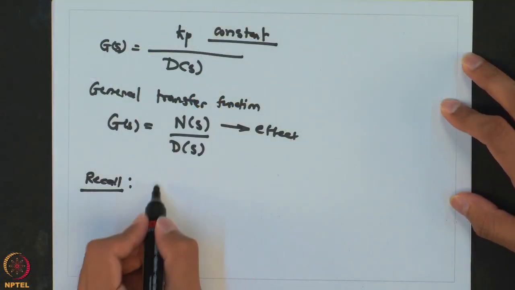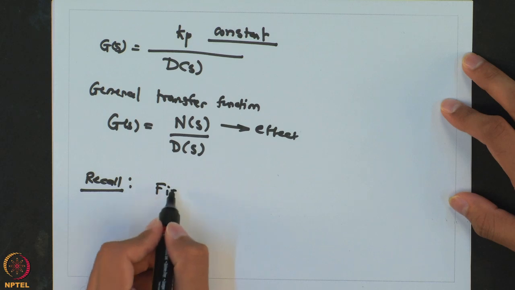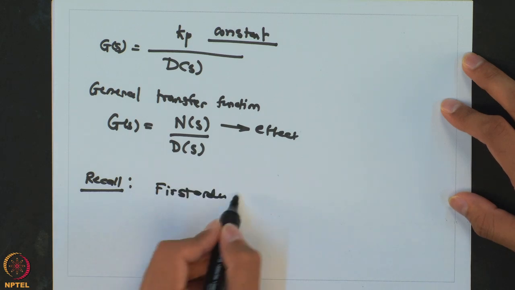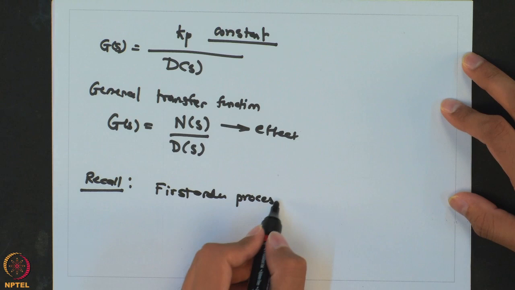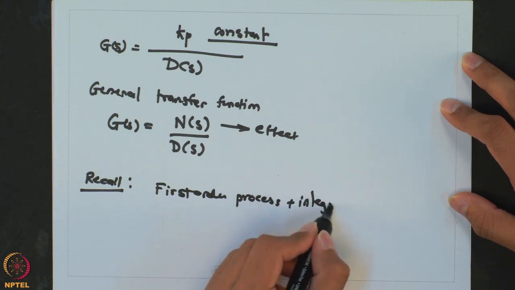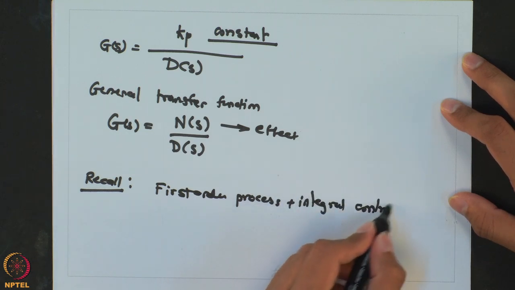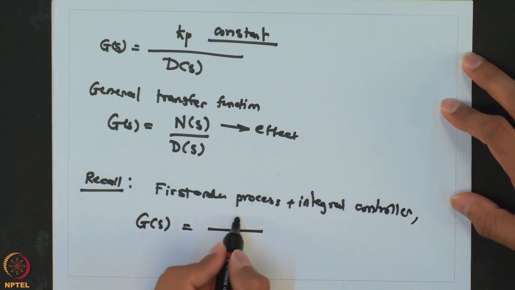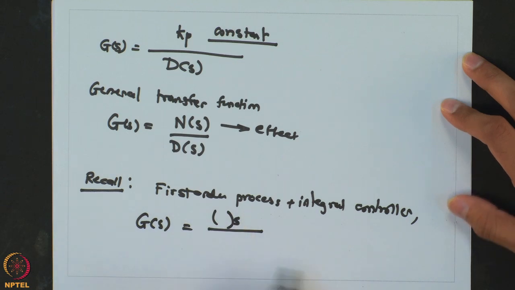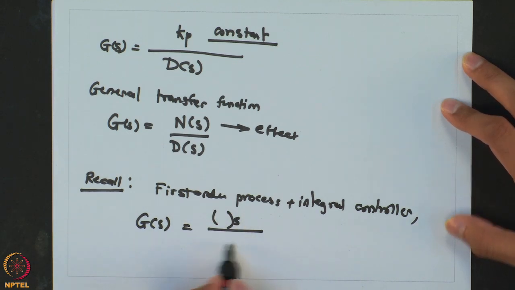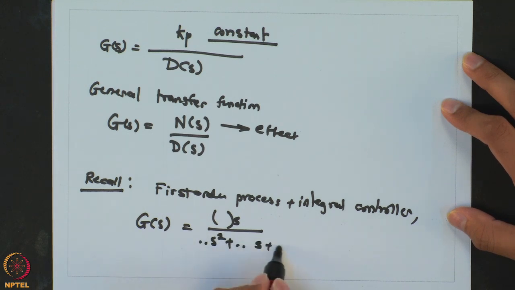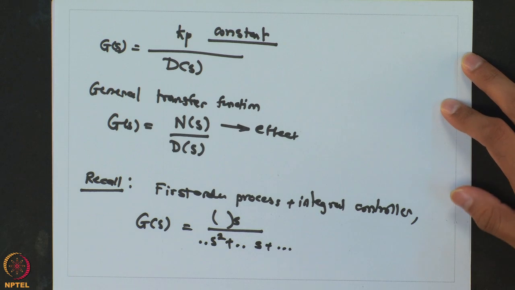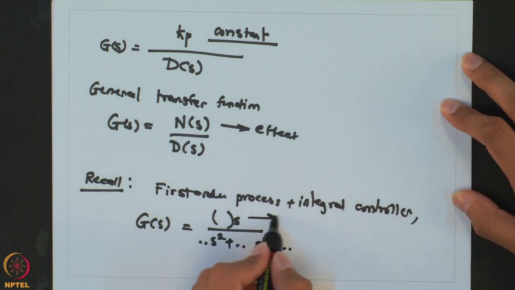In that case, the transfer function for first order process plus integral controller had S in the numerator, and the denominator was the second order transfer function.